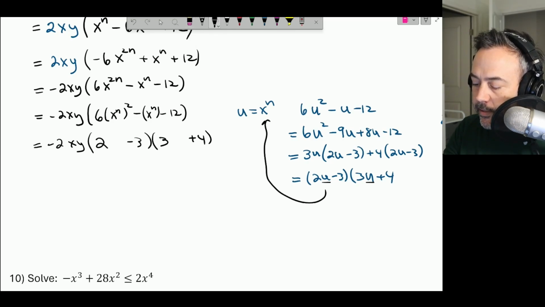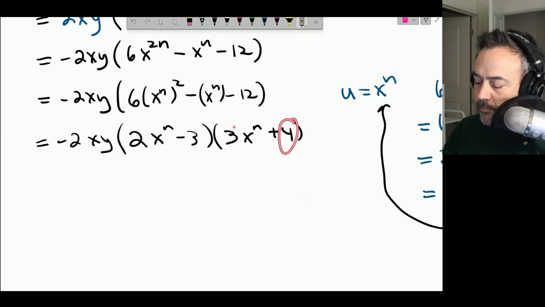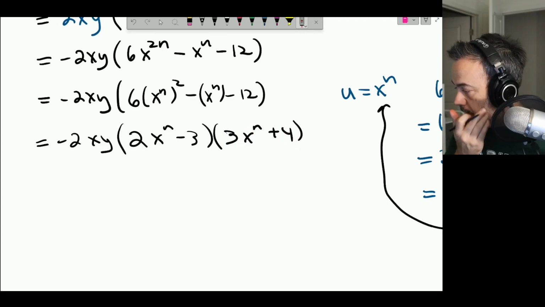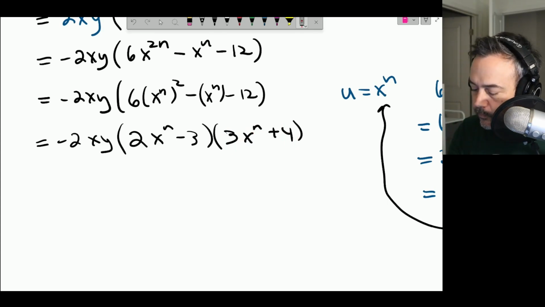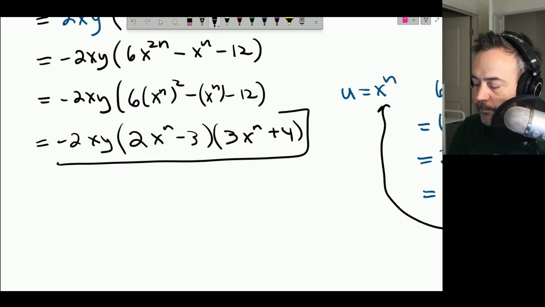So let's just write x to the n back in. And we are done. Although you should check, I notice this is a perfect square. This is a perfect square, but 3 is not a perfect square. I don't know what n is, so no way to know if that's a multiple of 2. This is clearly none of our patterns. We're done.